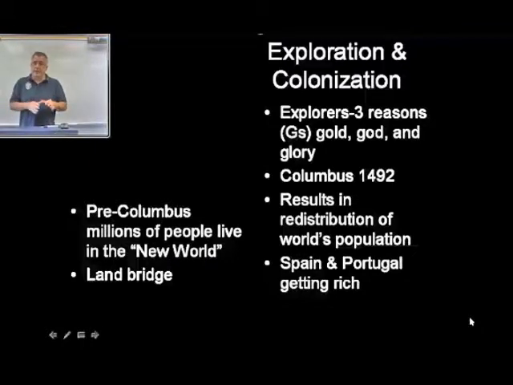The accepted idea is that Native Americans crossed the land bridge from Asia, across the Bering Sea, 15,000 years ago. Okay, so if I ask you how Native Americans got to the New World, it's across the land bridge. All right, so millions of people have been here for thousands of years before Columbus. They're here when he gets here, so he might not have discovered much.